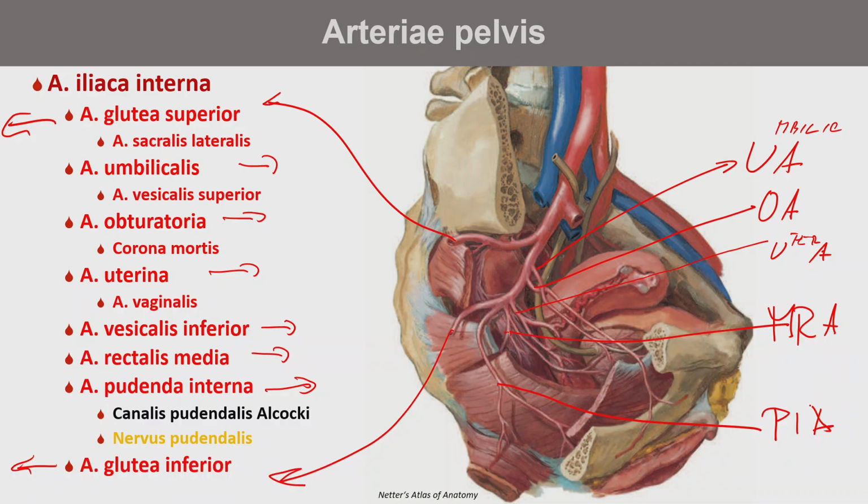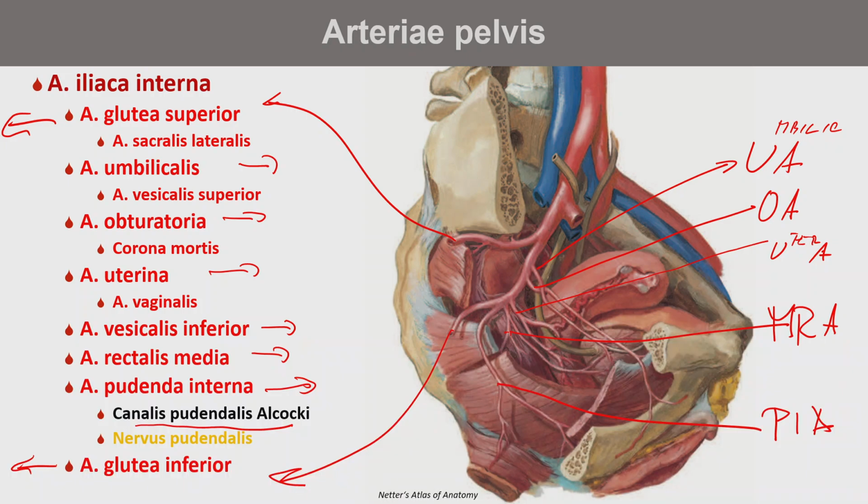Those arteries are supplying those organs which are localized in the pelvic region. The internal pudendal artery then is going into the pudendal channel, canalis pudendalis Alcocki, with the pudendal nerve. And this is the way the organs and the muscles of the perineum are supplied.